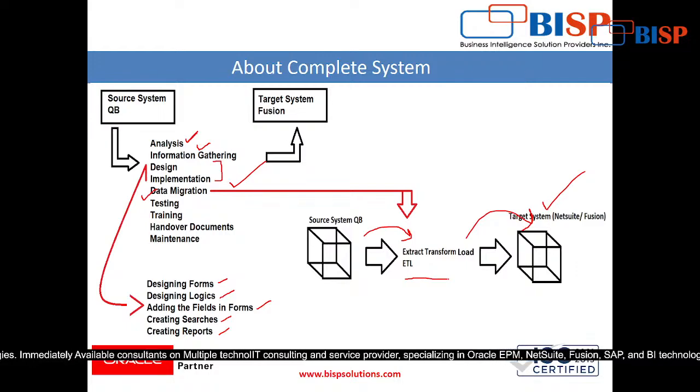Now what is ETL? What does transformation mean exactly? Whenever we download an Excel sheet from QuickBooks or any other ERP that we are not familiar with, they just hit the button and download the Excel sheet, and they are not concerned with what is written in it. They just provide us the Excel sheet.